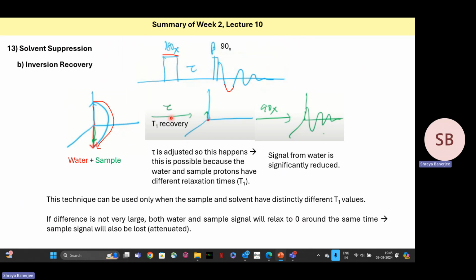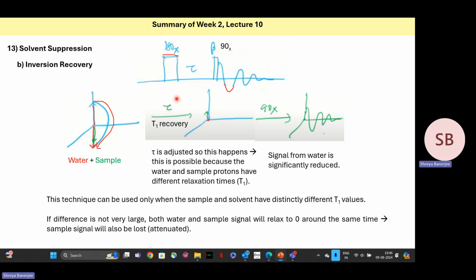After this, you allow a time tau, which is called T1 or longitudinal recovery. So you adjust tau in such a way that the water component becomes 0, but the sample component is slightly there in the positive or negative region.